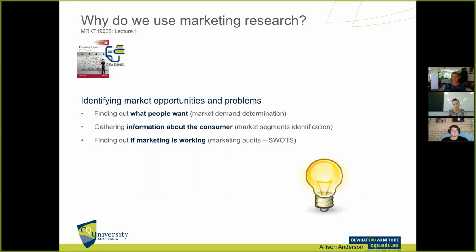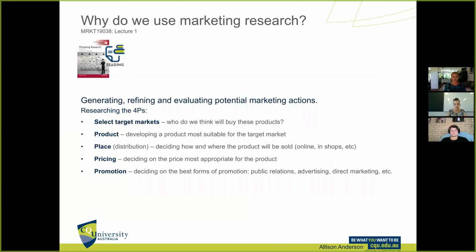Gathering information about the consumer, which is known as your market segments identification. Finding out if marketing is working. Okay, so that's through doing audits and strengths, weaknesses, opportunities and threat analyses, which is what a SWOT analysis is. Okay, the next one is generating and refining and evaluating potential marketing actions. And this is back to the 4 Ps that I just discussed.